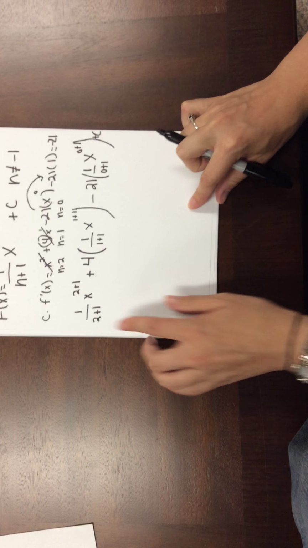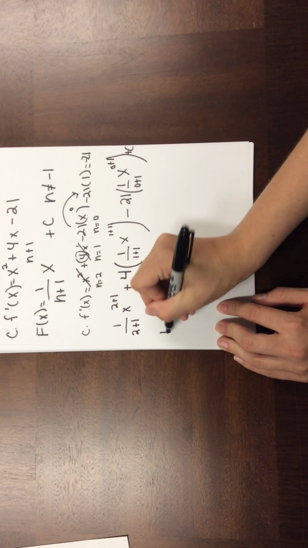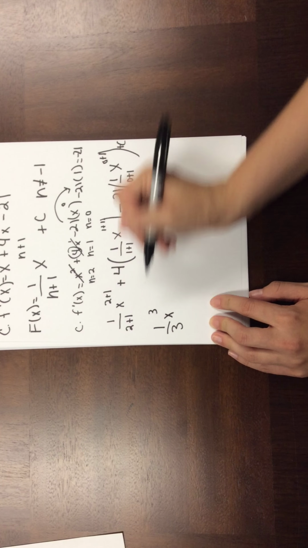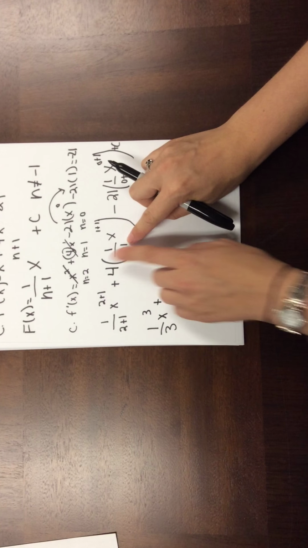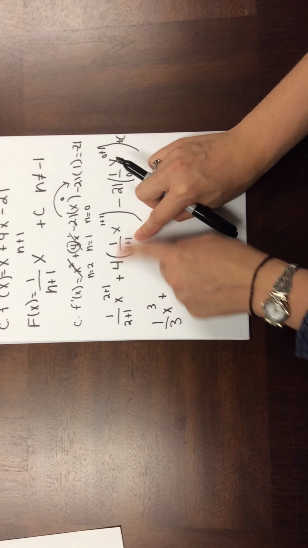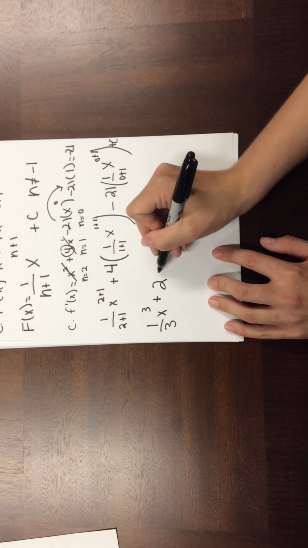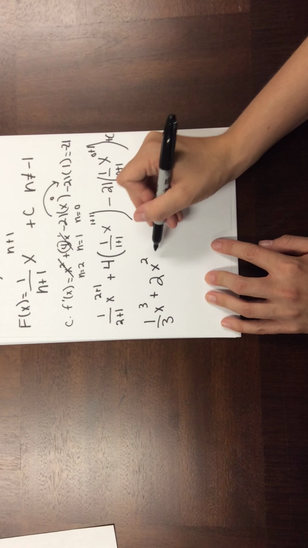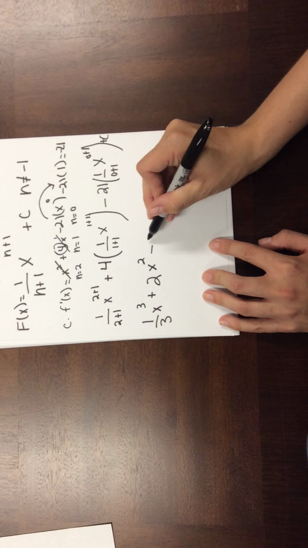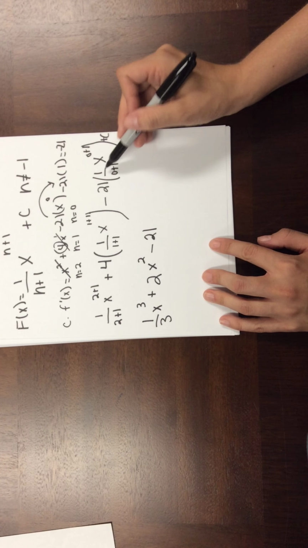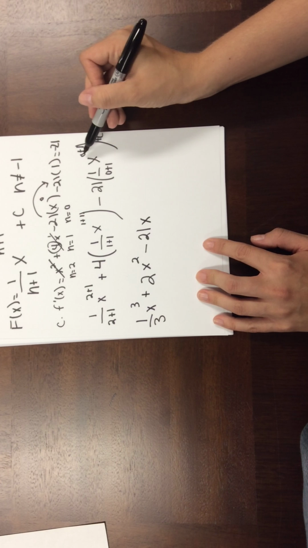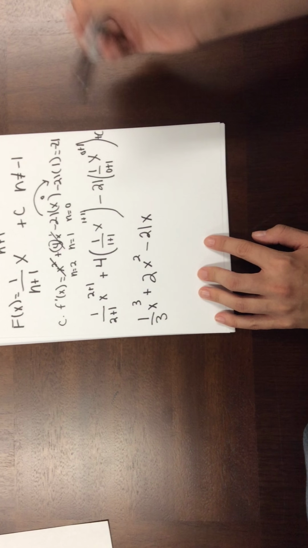When we simplify this all down, we have 1 over 3, x cubed, plus, now here we have 1 plus 1 is 2, 1/2 times 4 is just 2, so we get 2x, 1 plus 1 is 2, 2x squared, minus, we have 21 for the constant, times 0 plus 1 is 1, 1 over 1, x raised to the first power, so we can just leave it as x.